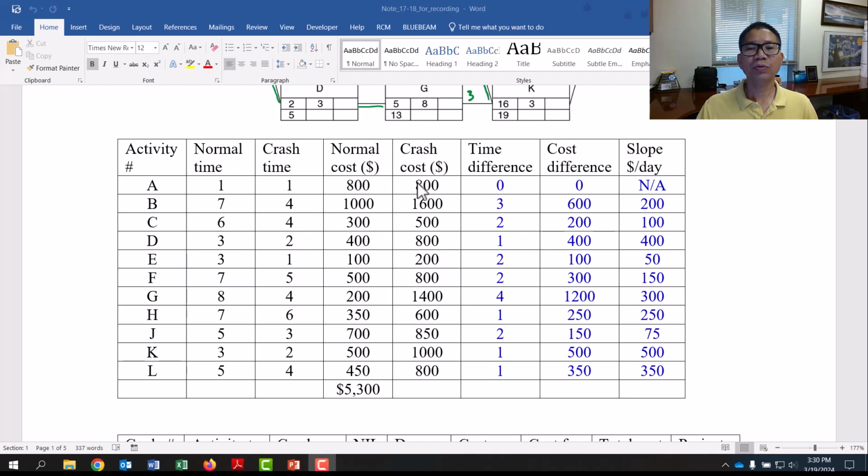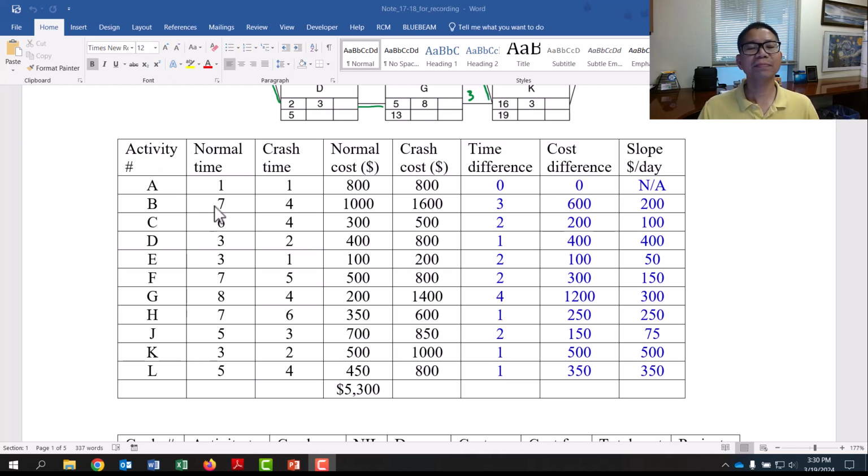So the difference between those two: time difference 1 minus 1 equals 0 for A, and cost difference 800 minus 800, 0. So of course slope per day is not applicable. It means that we cannot crash any day on activity A.